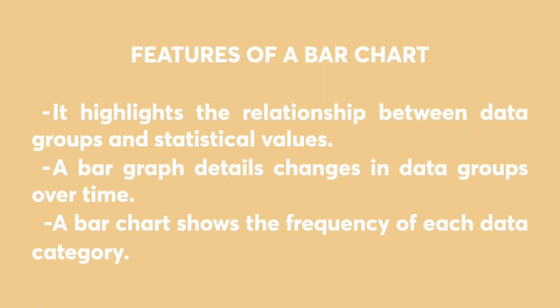It highlights the relationship between data groups and statistical values. A bar graph details change in data groups over time. A bar chart shows the frequency of each data category.